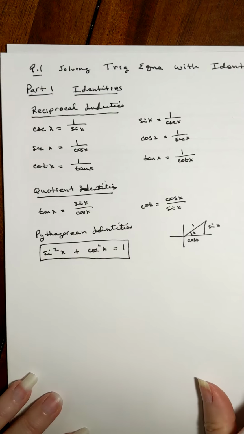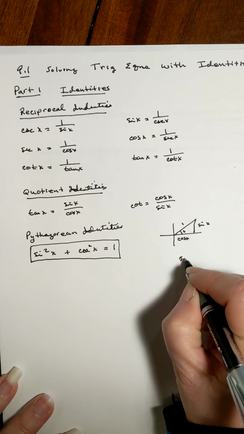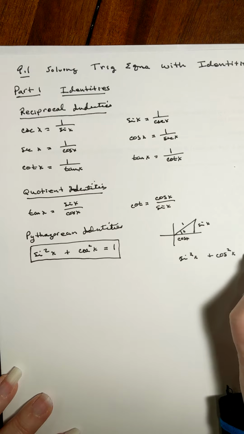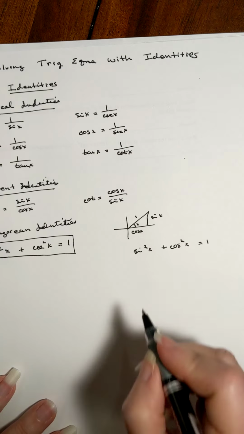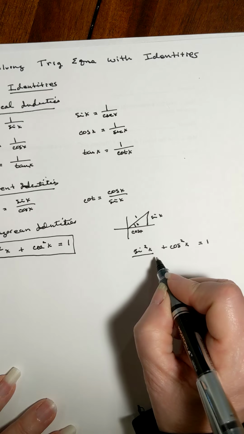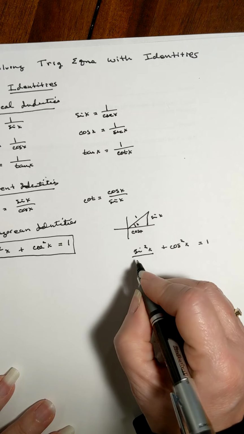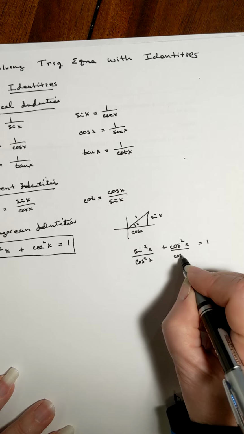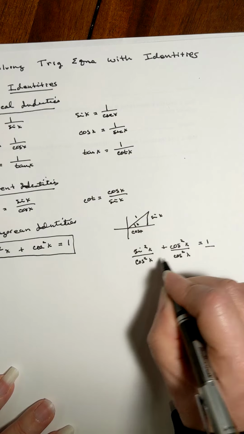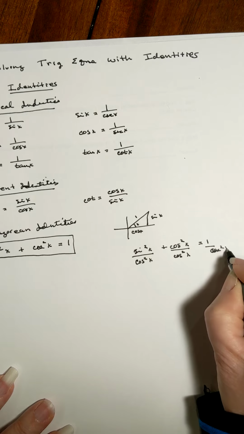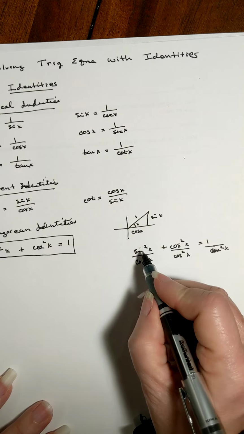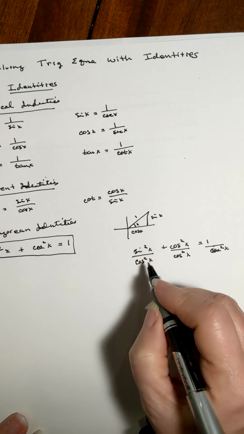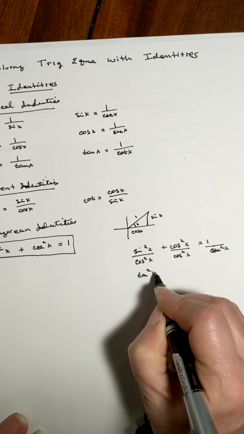Now, let's take this Pythagorean identity and divide both sides of the equation by cosine squared of x. Notice that this is sine of x over cosine of x, and sine of x over cosine of x is tangent of x. So this would be tangent squared of x.